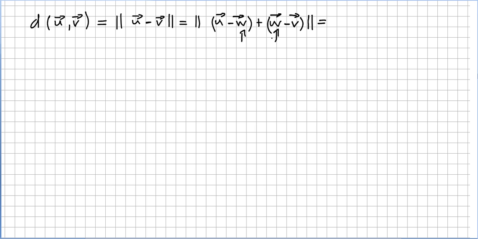I add w and subtract w. So that will be u minus w, and I associate these two, plus w minus v. You can cancel these two, and you'll get u minus v. So this is correct.